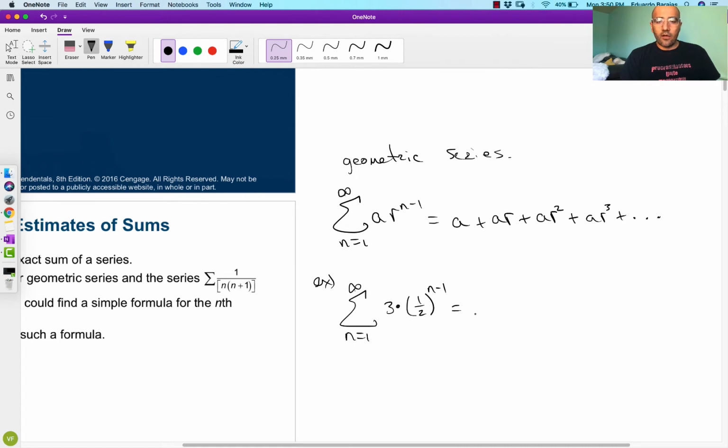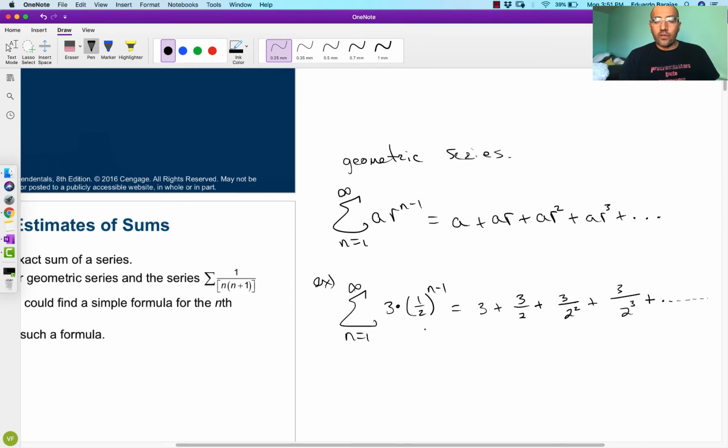If we expanded all these out, this would turn out to be 3 plus 3 times 1/2, plus 3 times 1/2 squared, plus 3 times 1/2 to the third power, plus dot, dot, dot. So this is a geometric series. And we were able to show in the previous section that this infinite sum in some cases will just add up to some constant, right?